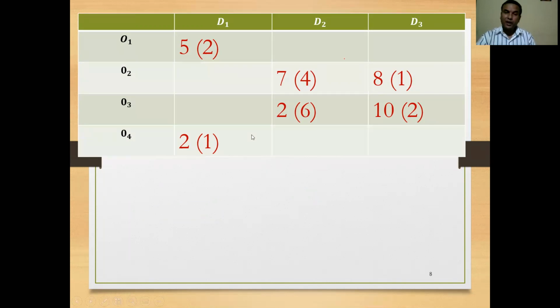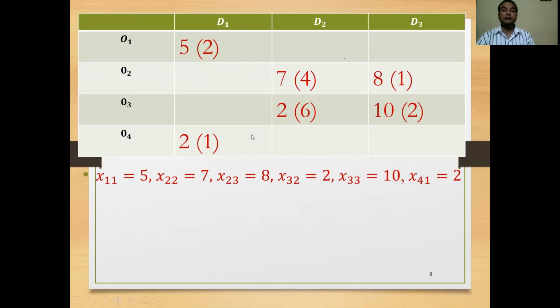And we find the initial basic feasible solution. This 5 is in the first row, first column. Therefore x11 is 5, then x2, this one x2, and this one x2. Okay, let me take another color.